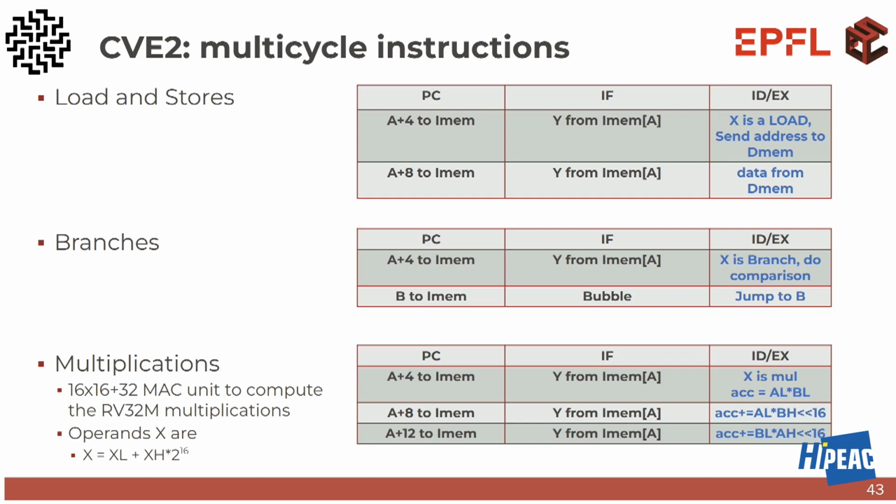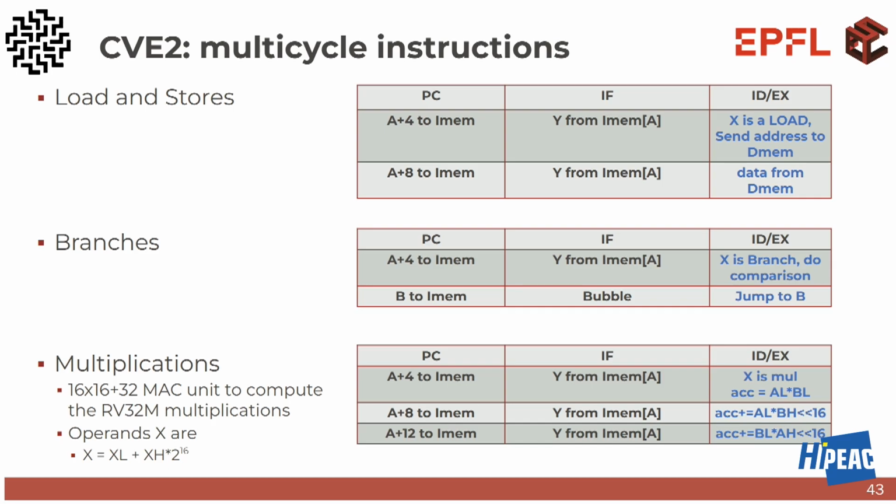The first one is I'm sending the address to memory. So it's the program counter, I would say. It's the register that holds the next address. While I'm fetching the address A+4, whatever A means, I got in the IF stage the previous answer, that was the content of the instruction memory at A. And I'm sending X, from the previous instruction, to the data memory because I know it's a load.